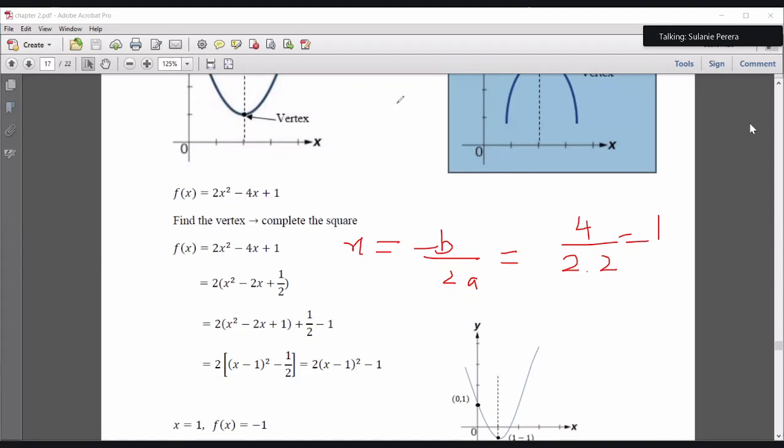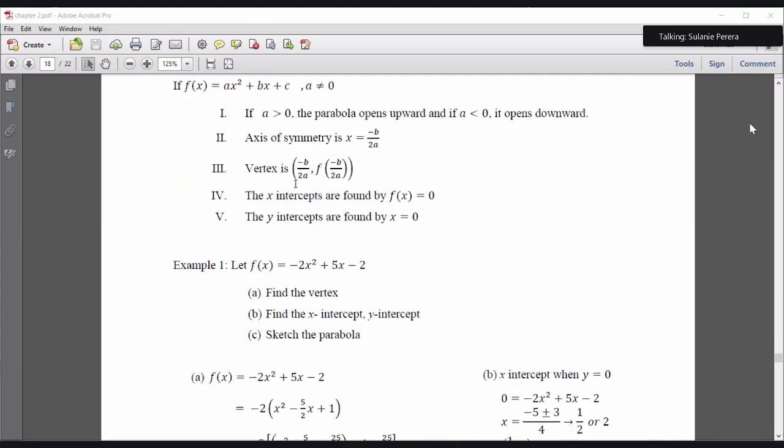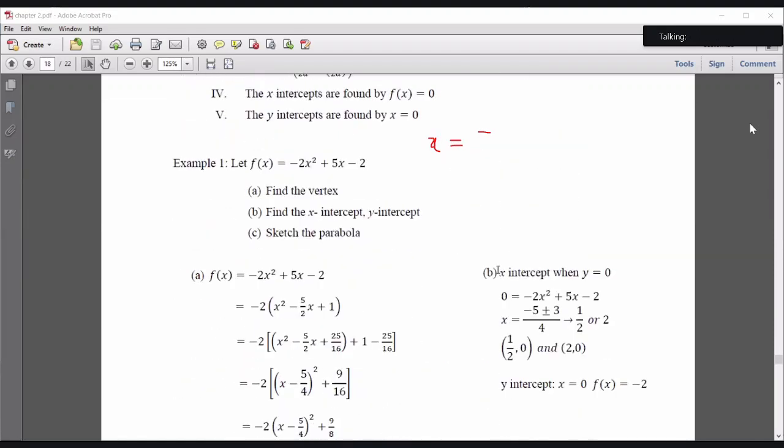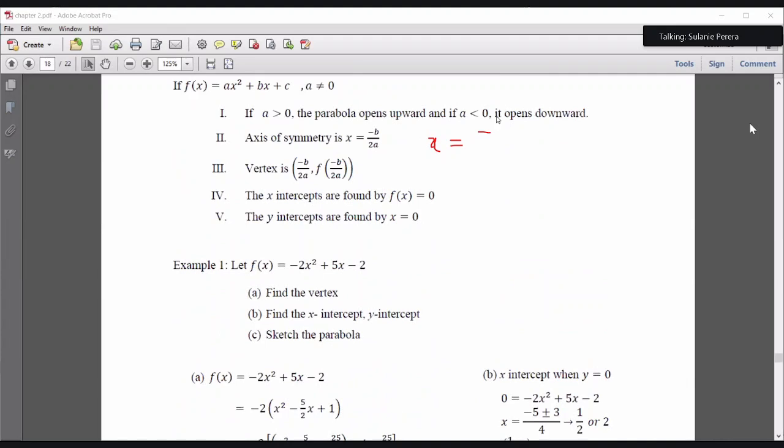And how do we find the vertex? You don't have to complete the square anymore. This is minus b over 2a. In the earlier one, what did I have? Minus b, right? So plus 4. So we get 1.